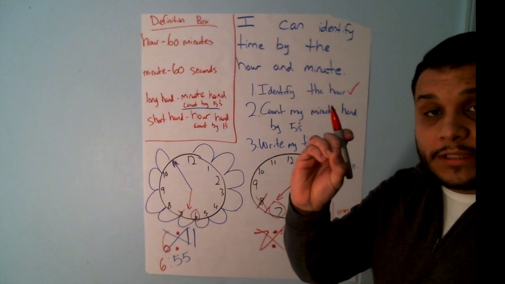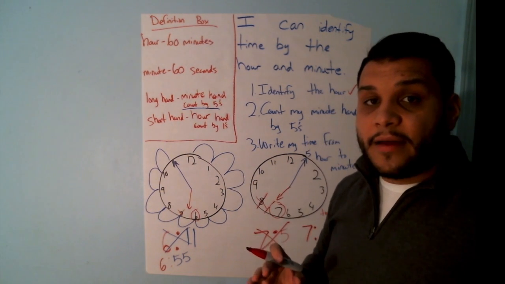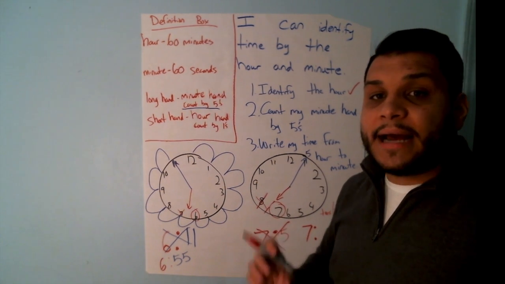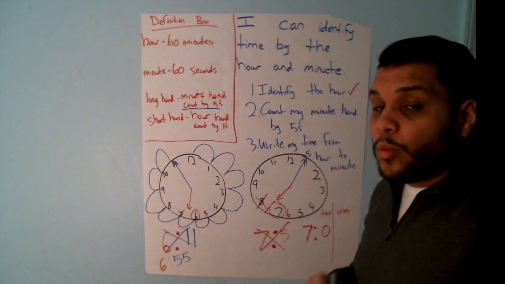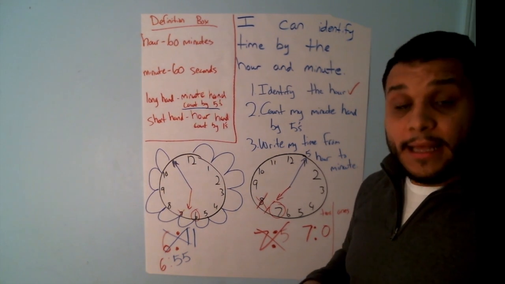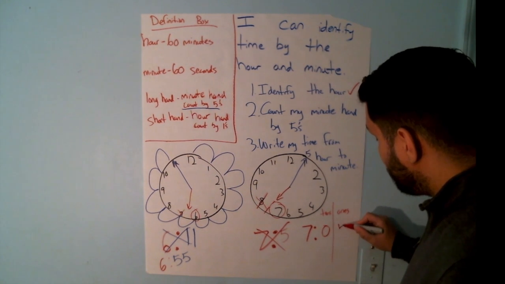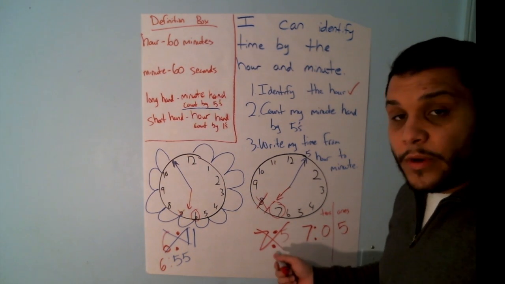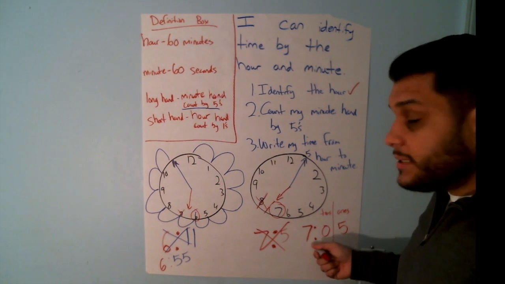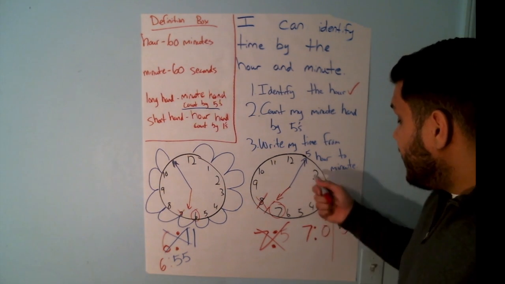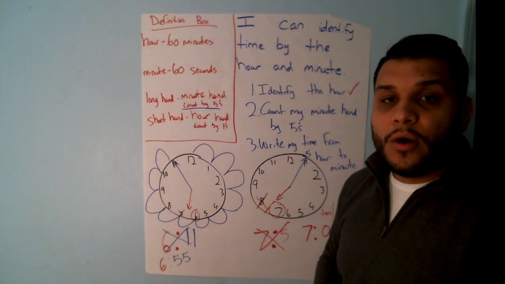There are no 10s in the number 5. And when there are no 10s in the number 5, we know that that is the same as 0. How many 1s are in the number 5? Yes, 5 1s in the number 5. So the correct way to write it is 7:05, because there are no 10s and there are 5 1s, and that lets me know that it is 7:05.